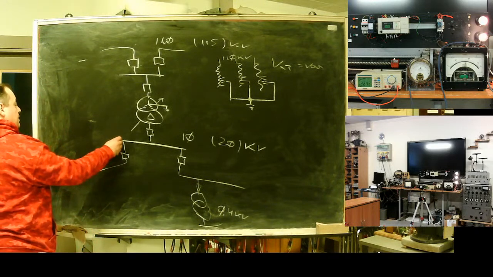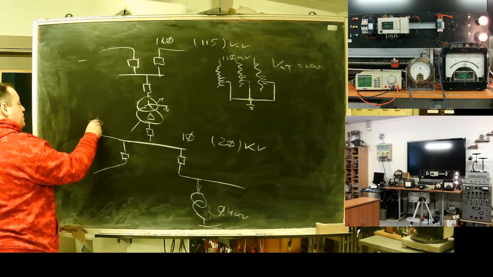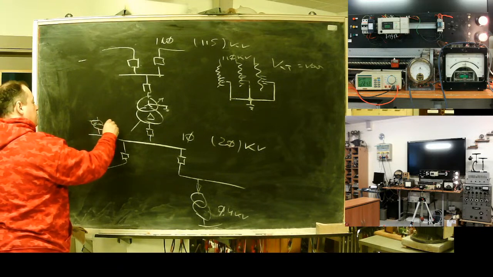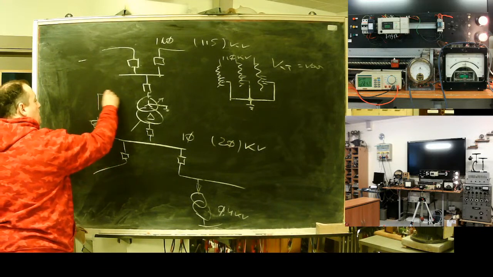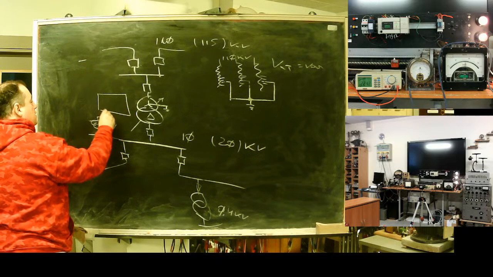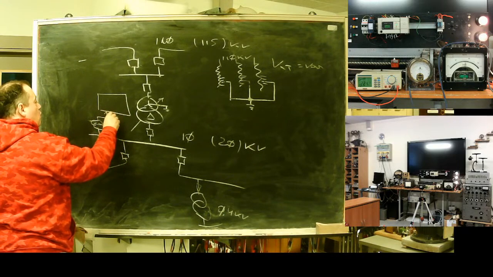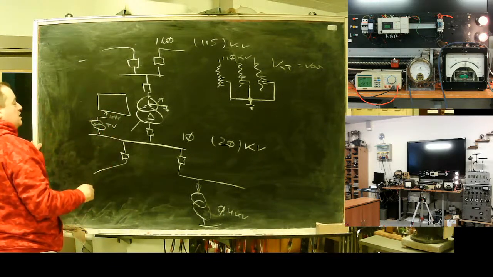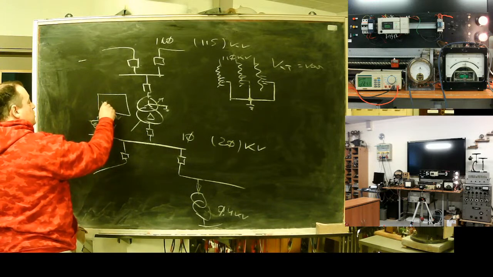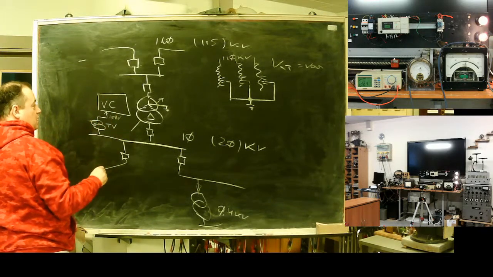So a special voltage transformer is installed, and a 100 volt signal is taken to the voltage controller.